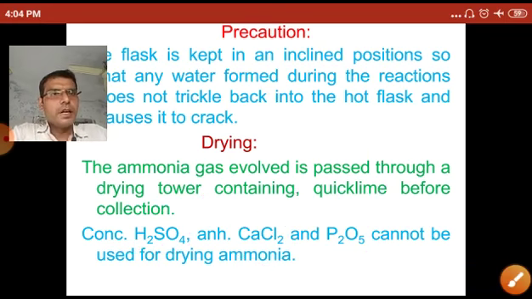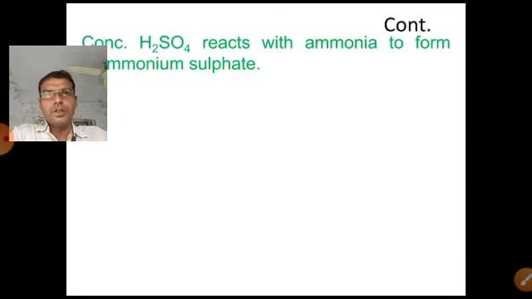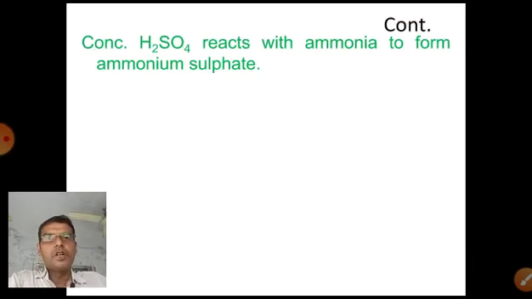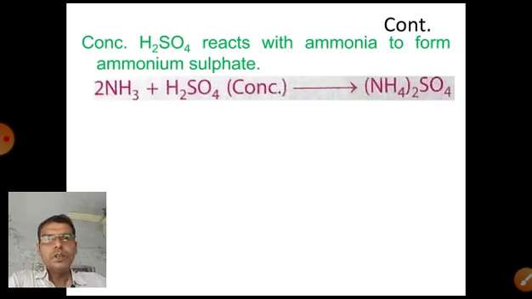So calcium chloride, phosphorus pentoxide and concentrated sulfuric acid are never used as drying agents for ammonia. Now the reaction here: concentrated sulfuric acid reacts with ammonia to form ammonium sulfate.